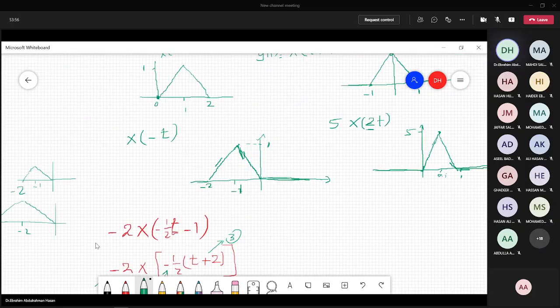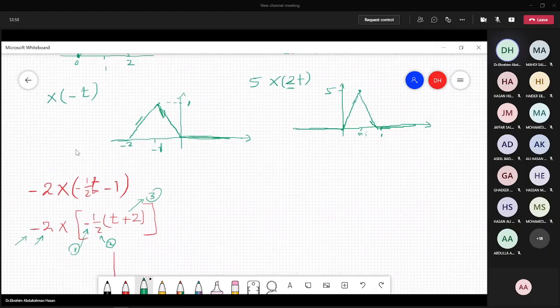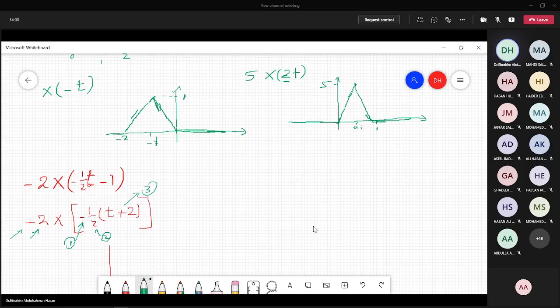This is one method. Second method is to leave it as it is. -1/2 t -1. Start from here again.